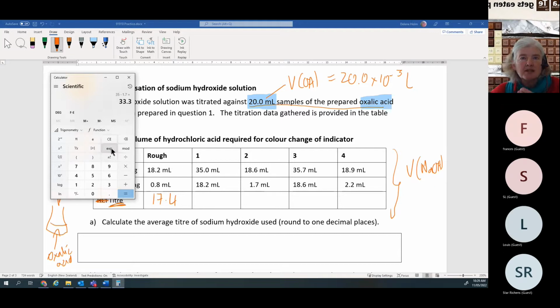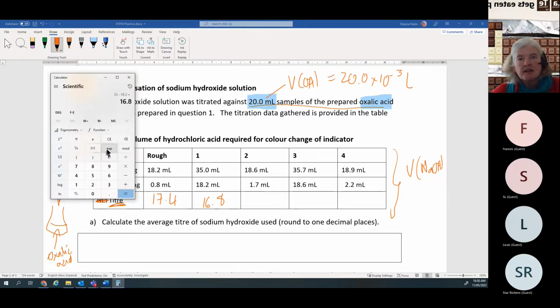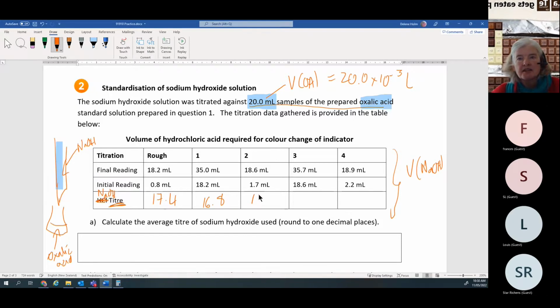It's very easy to make those mistakes, so always engage your brain to make sure you are not doing a silly thing. So that's 16.8. Back to the calculator again: 18.6 subtract 1.7 equals 16.9.